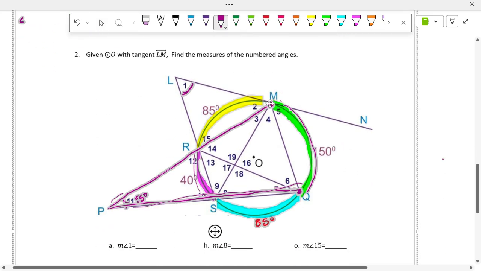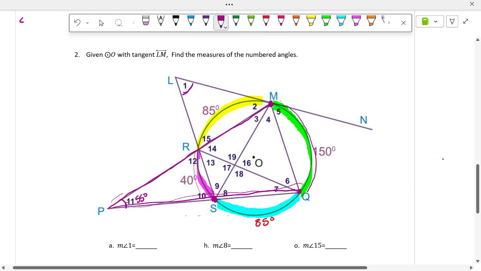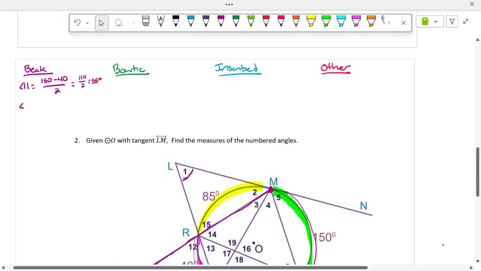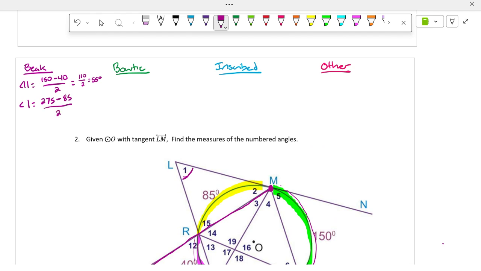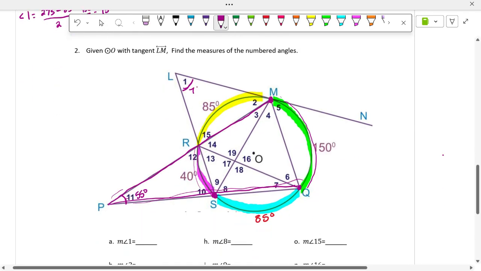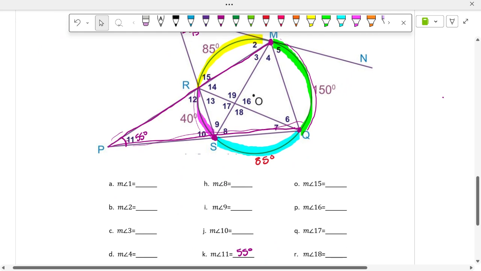So for 1, the endpoints are here and here. So the big top part of the ice cream is 150 plus 85, so that's 275. And then the bottom part is the 85 over 2. So this will be not 85, 150 over 2, which is what? 75 degrees. So angle 1 is 75 degrees. All right, so that's all of my beaks.